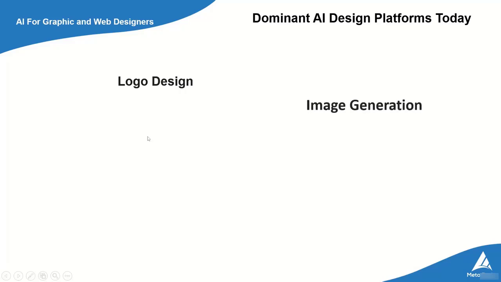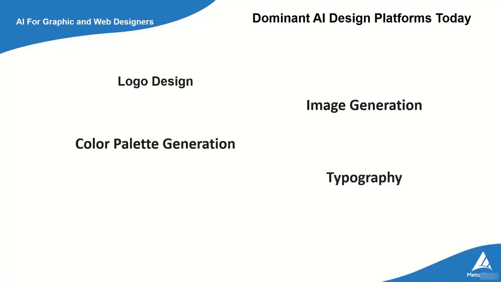Image generation. Platforms like DALL-E 3, MidJourney, and Imagen can generate realistic images from text descriptions, which can be helpful for graphic designers who need to create images for their designs. Color palette generation. Platforms like Adobe Color and Kuler can help graphic designers generate and select color palettes for their designs.